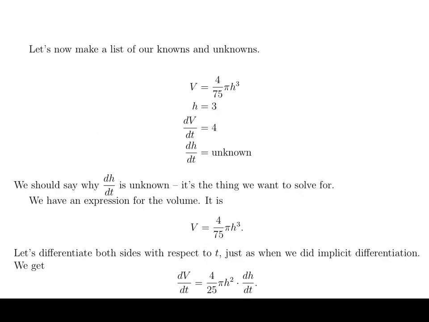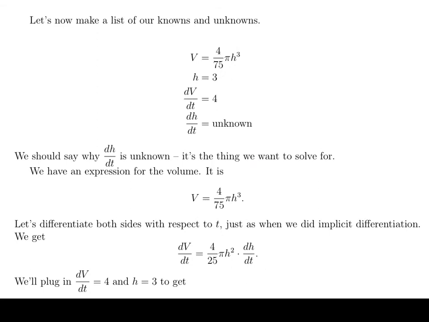So after differentiating, we get dV/dt is equal to 4 over 25 times π h squared. Notice that we have to use the chain rule on the right-hand side to differentiate the inside function. We should think of h as the inside function, so we're getting dh/dt.